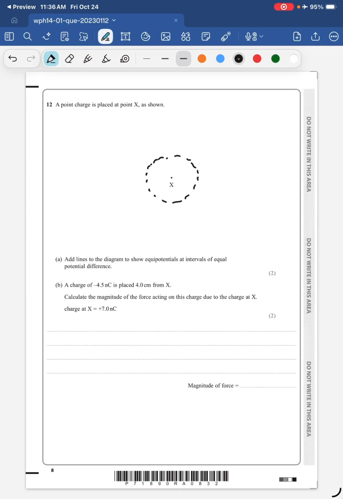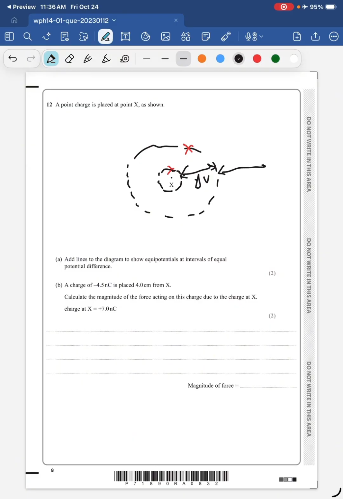So let's say that this is your first equipotential, and this is the second equipotential, and the difference in potential between this one and this one is delta V. Then the next one that will also have a delta V difference will grow apart, something like this. Okay, I hope it makes sense.